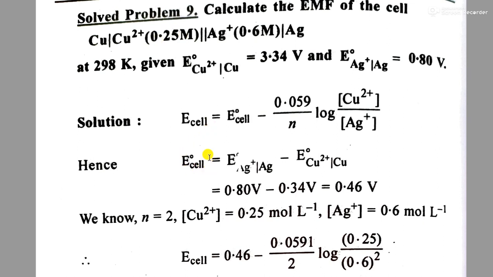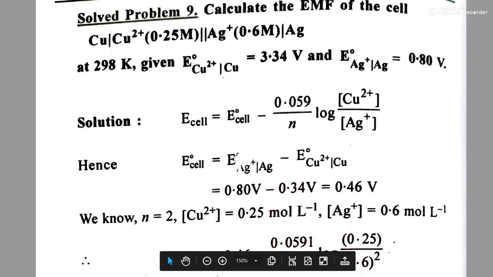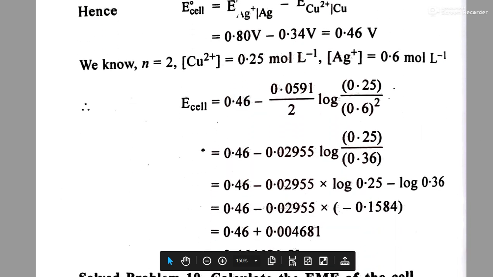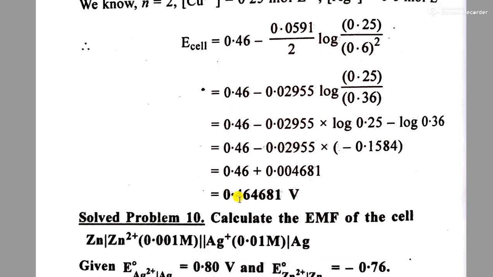So first you have to get the value for E0, which is 0.46 volt, and here n is 2, the concentration of Cu2 plus ions is 0.25 molar, and the concentration of Ag plus ion is 0.6 molar. So substituting these two values in the equation, you get the final E of the cell as 0.464681 volt.